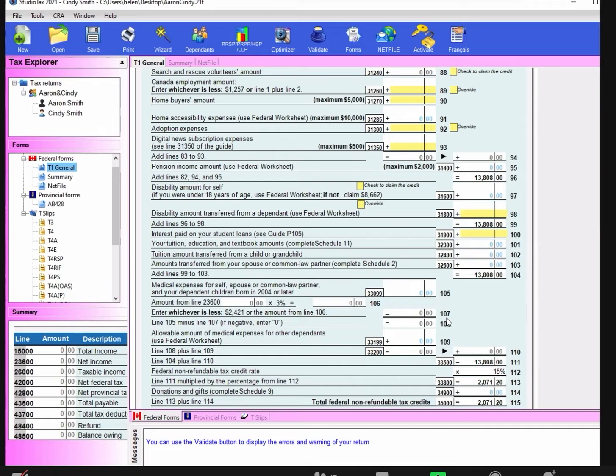That means the amount you subtract is bigger or small? Bigger, ma'am. Okay, so you have 5,000 medical expenses. You subtract 1,000, you get 4,000 credit. If you subtract 2,000, then you get 3,000 credit.